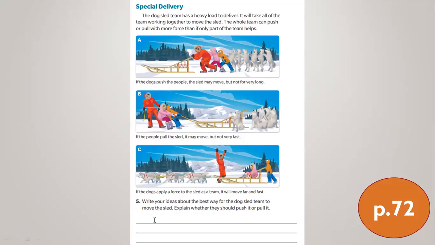Write your ideas about the best way for the dog sled team to move the sled. Explain whether they should push it or pull it. They should pull the sled as a team to move it far and fast.